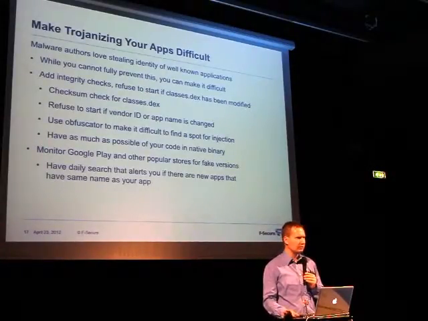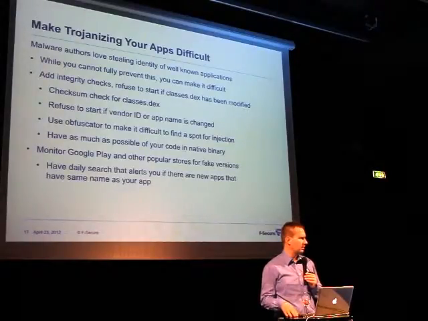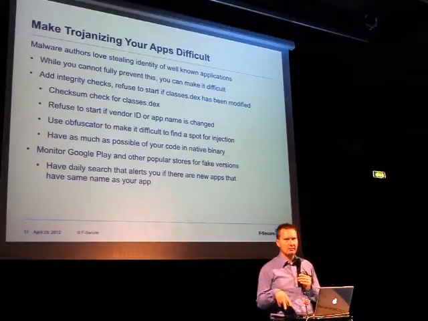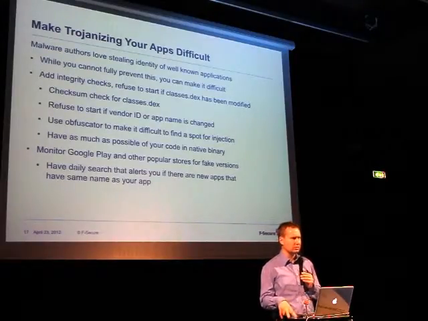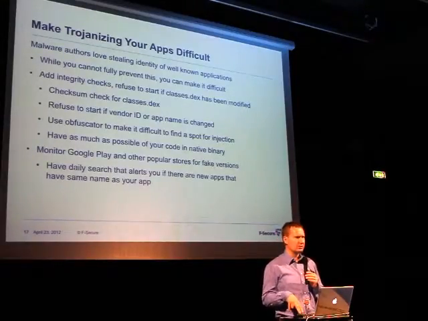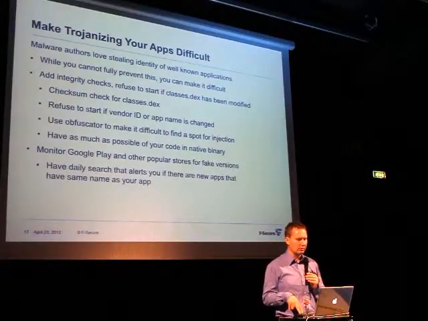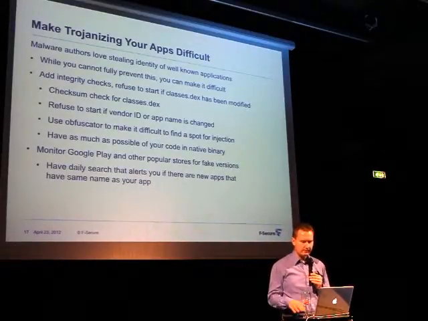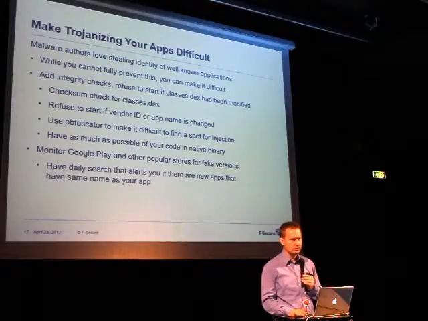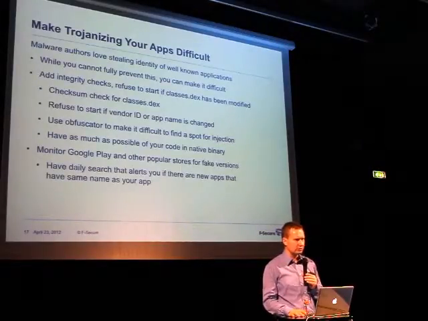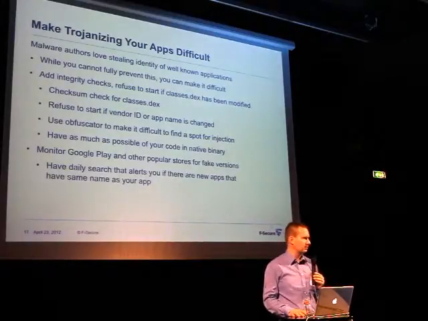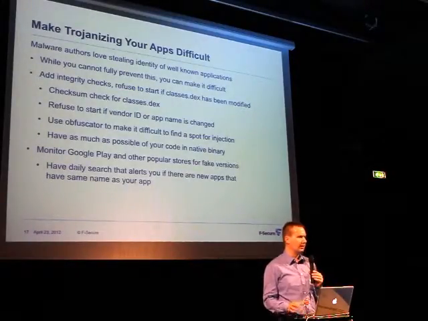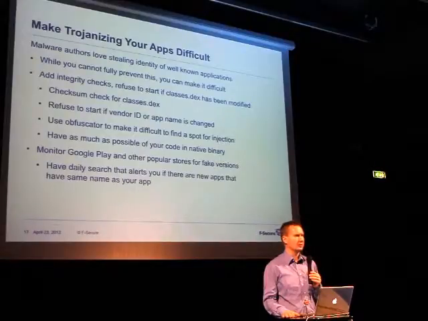And all of this also means that all of these are also important if you happen to need copy protections, because whatever techniques are good for copy protections are good to make it difficult to Trojanize your application. And also one other thing you should do is to have an automated search on Google Play to see any new applications with words containing your application name.